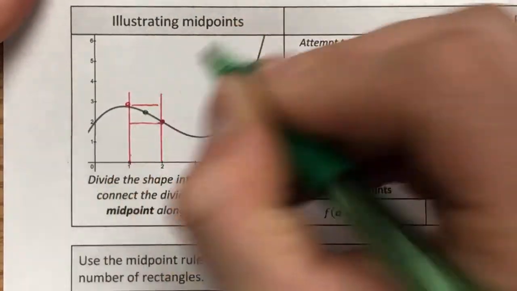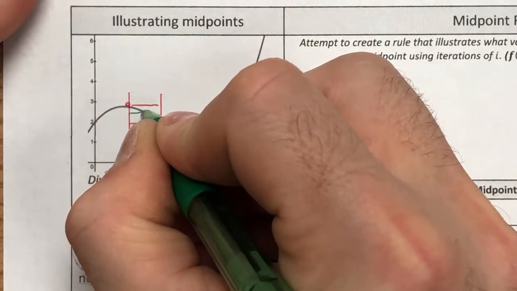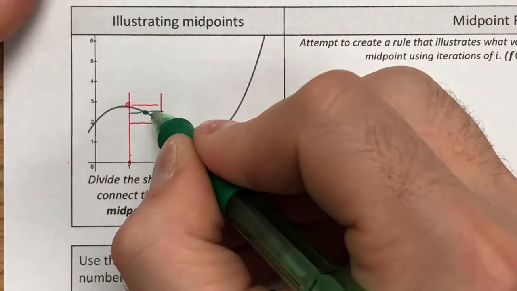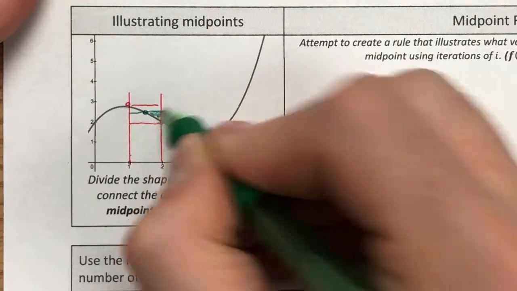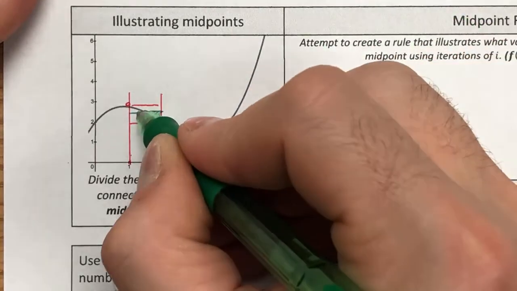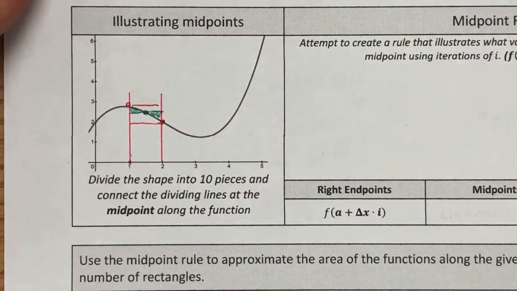Because with the midpoint, when we estimate our area of the rectangle, yes, we are overestimating on one part of our rectangle, but we're also underestimating on the other.